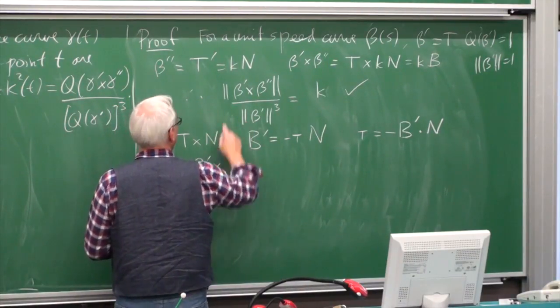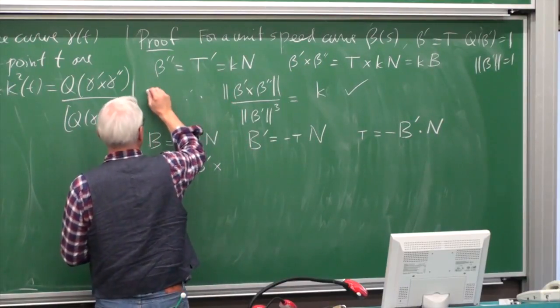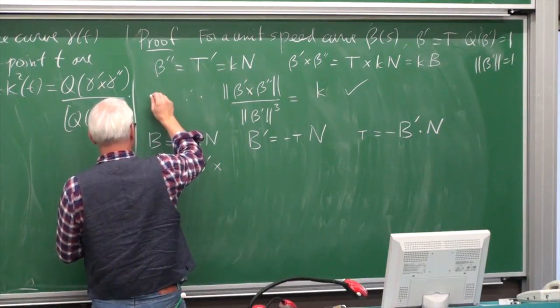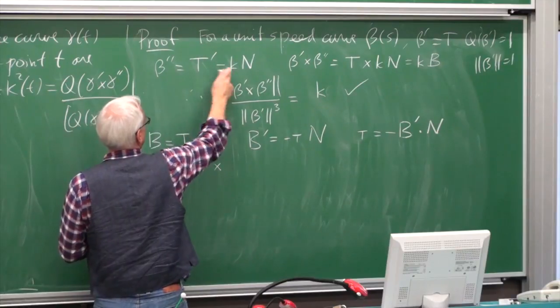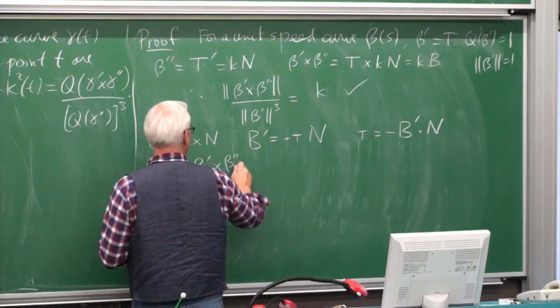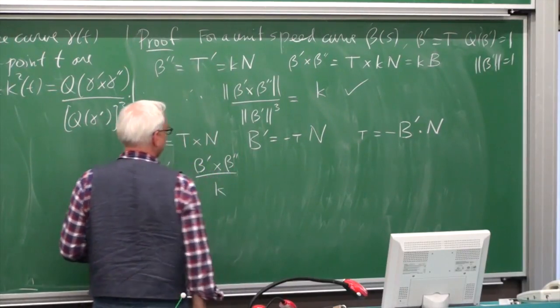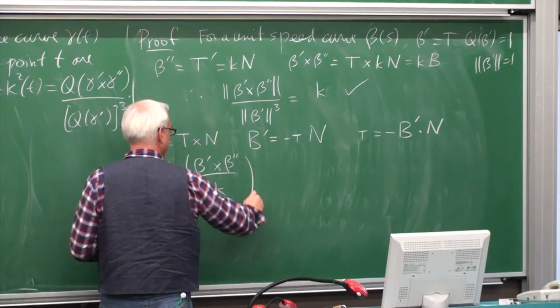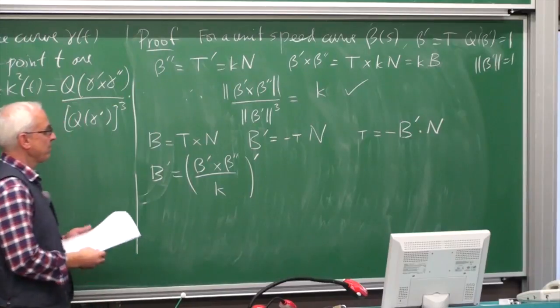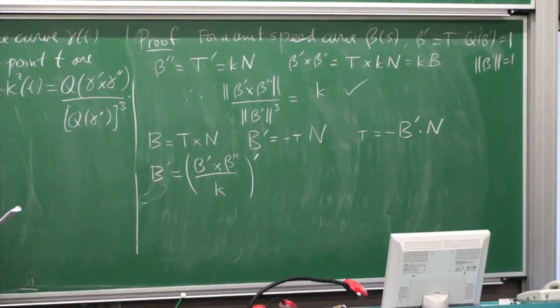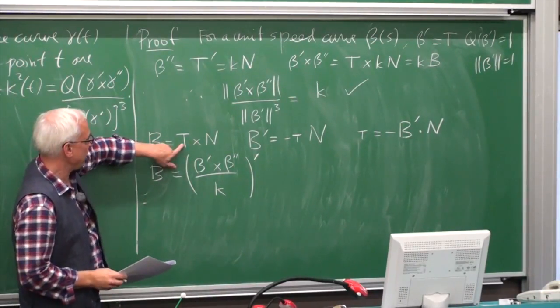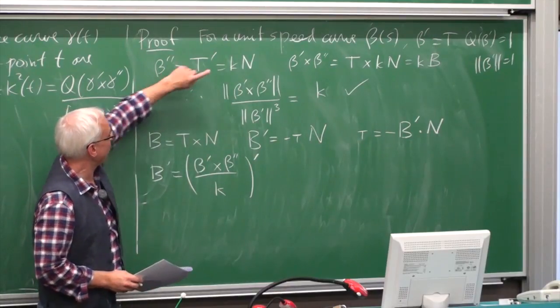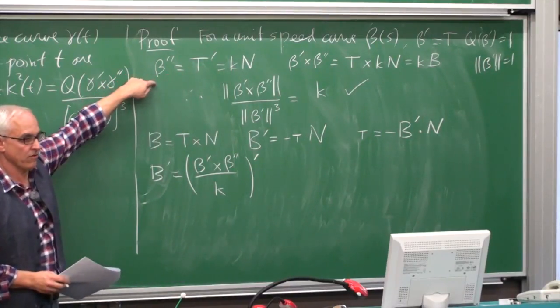And n, from this formula, is just beta double prime divided by k. So there's what b is before we've differentiated, and we need to differentiate all of that.